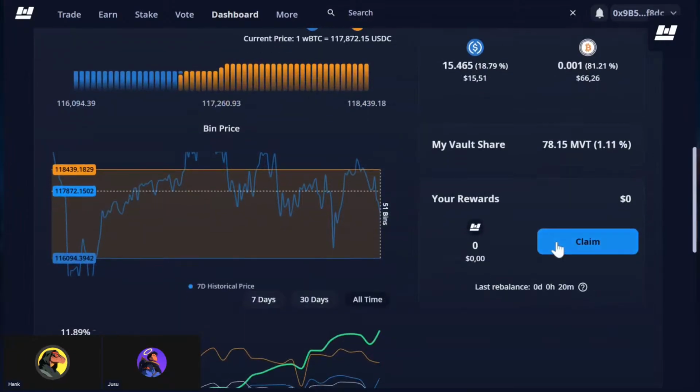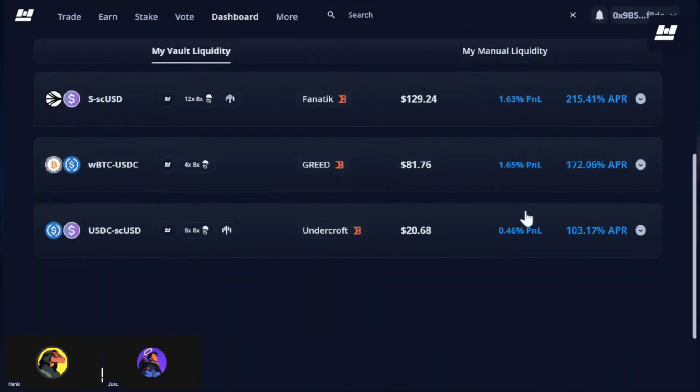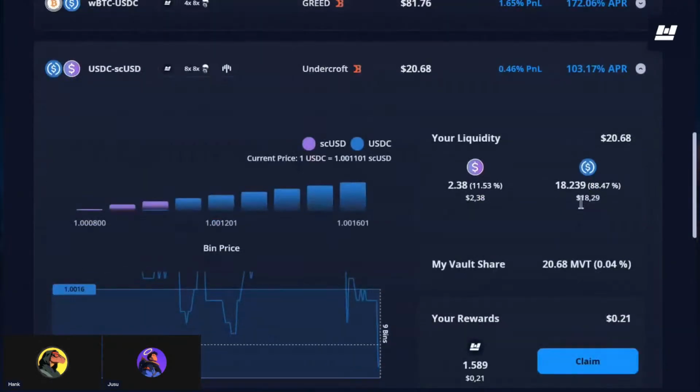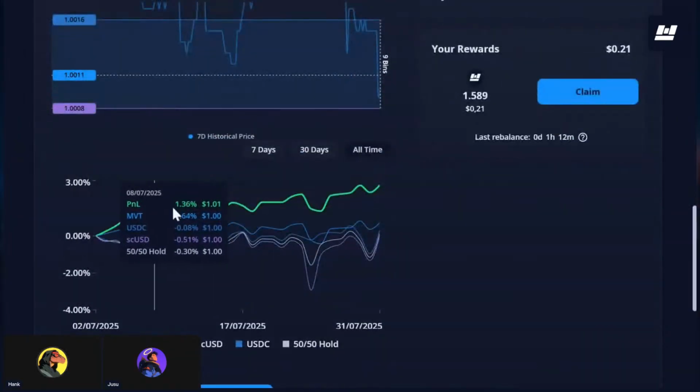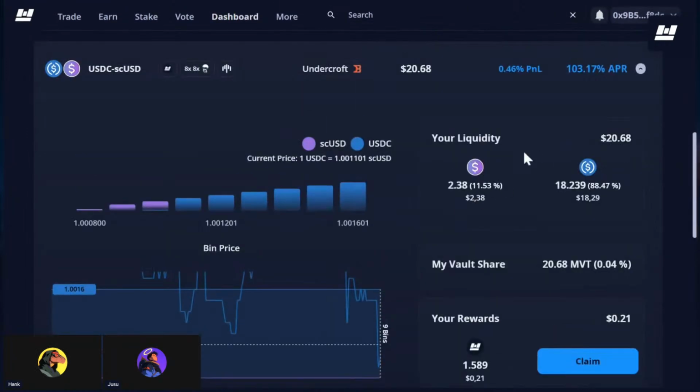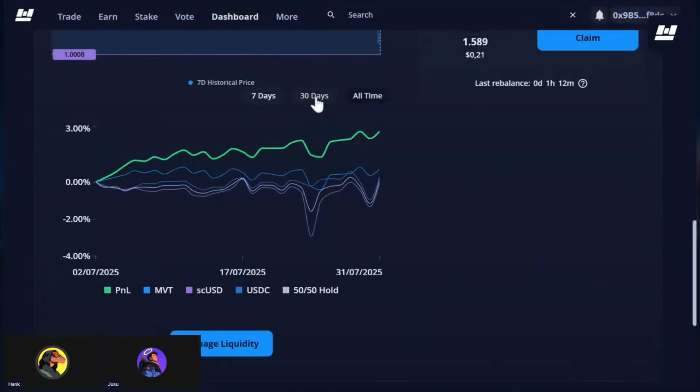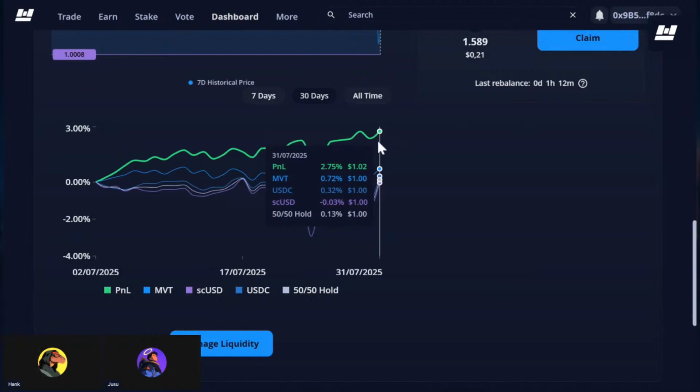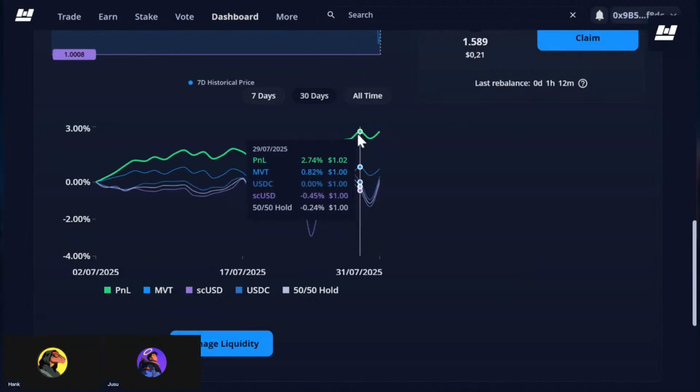It's a very hands-off experience while having all the data to always show you how the performance is doing. And this is also really impressive. This is a stable vault, SCUSD, USDC, so two stable coins, and you have a performance P&L over the past 30 days of 2.75%.